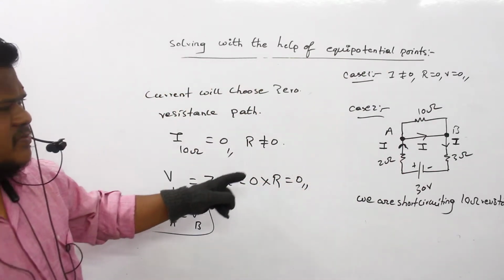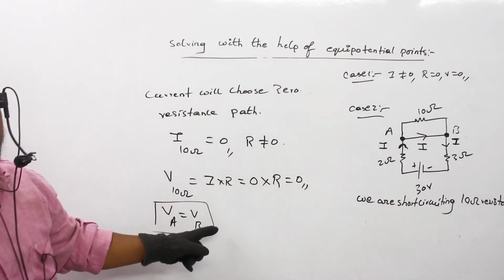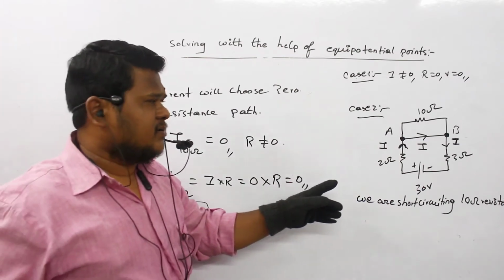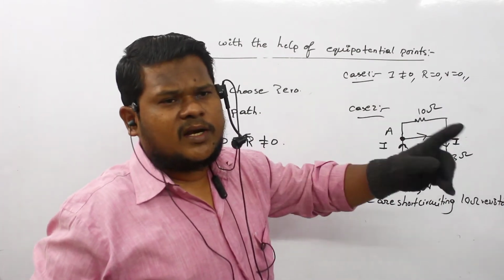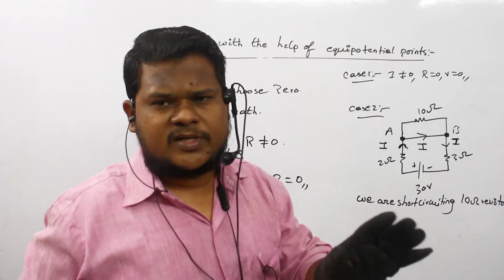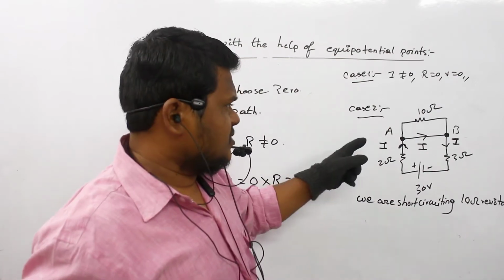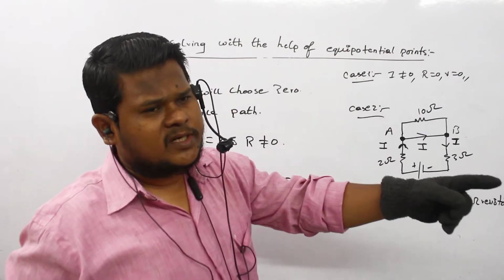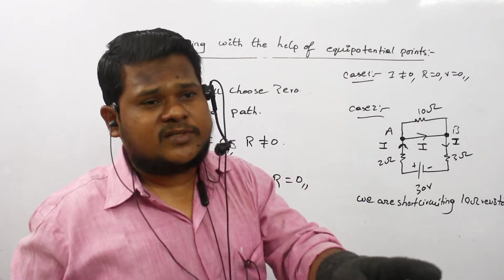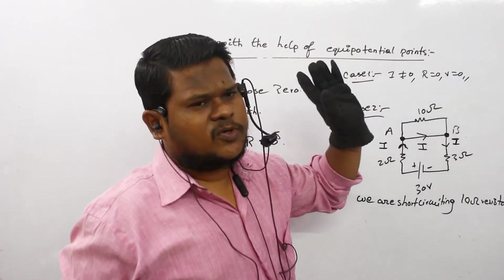So what is the difference between case number 1 and case number 2? In case number 1, current is flowing through equipotential points, but resistance is 0, so there is no potential drop.